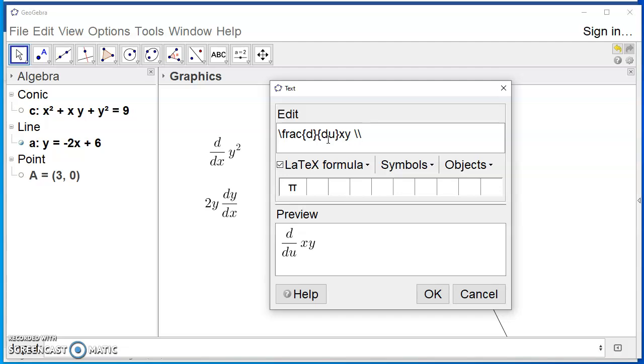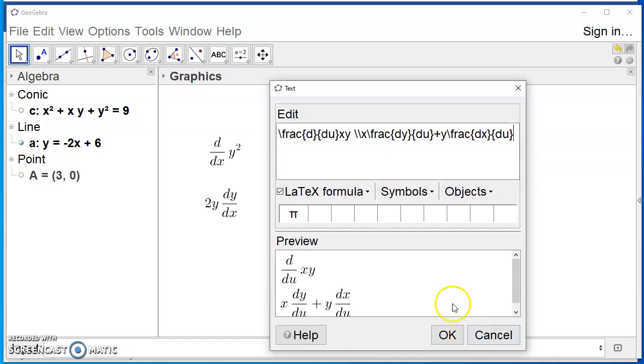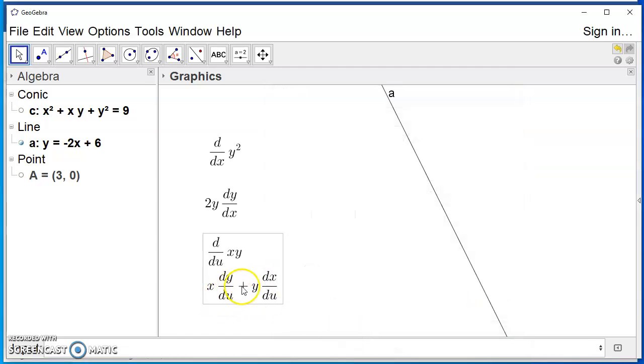So the product rule says you do x times dy/du plus y times dx/du. Again, it's the same thing as what you're used to with the primes. It's just that you can't really say y prime or x prime because you don't know what variable you're differentiating with respect to.